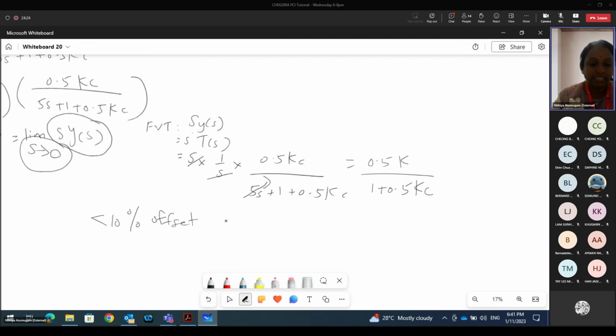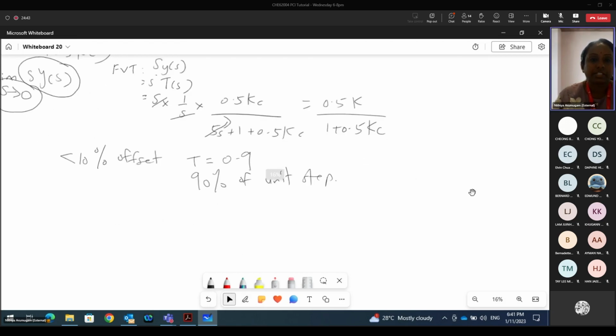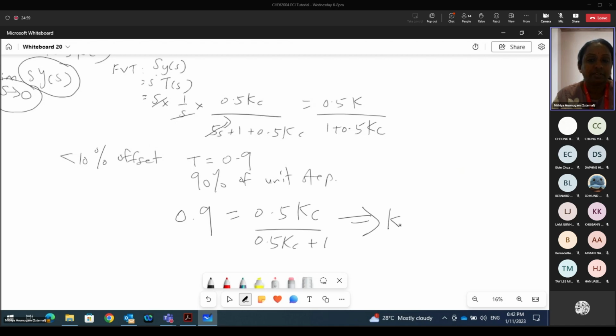Let's say T reaches 0.9, or 90% of a unit step. So when T equals 0.9, which equals 0.5 kc over 0.5 kc plus 1, we can solve this and get kc equals 18.